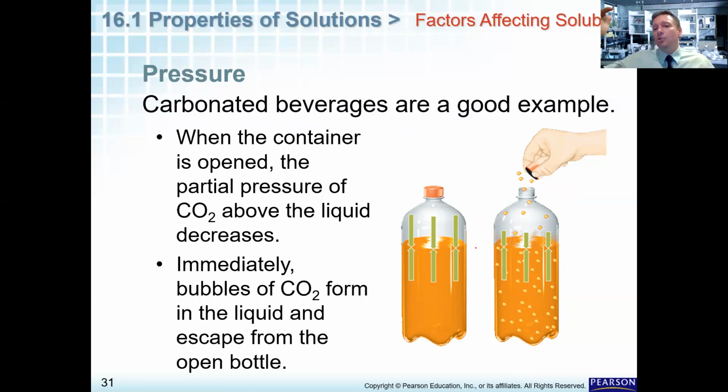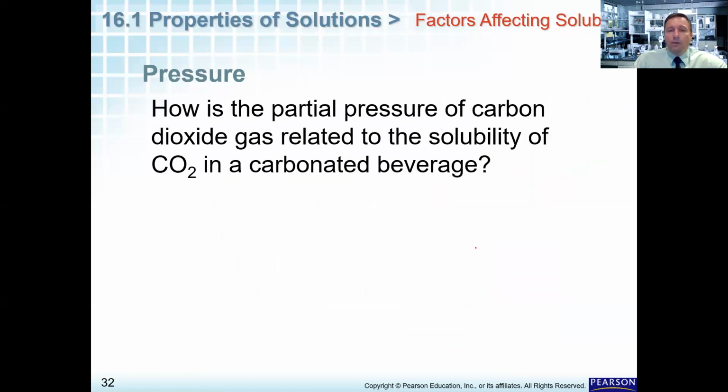Why is it going to escape? Because there's no more pressure above it. When you put the lid on, some more of the gas will escape, but it's trapped, so now it's going to keep pressure inside of that bottle. Immediately bubbles of CO2 form and then escape from the open bottle. So how is the partial pressure of carbon dioxide gas related to the solubility of carbon dioxide in a carbonated beverage? It's directly proportional to it.